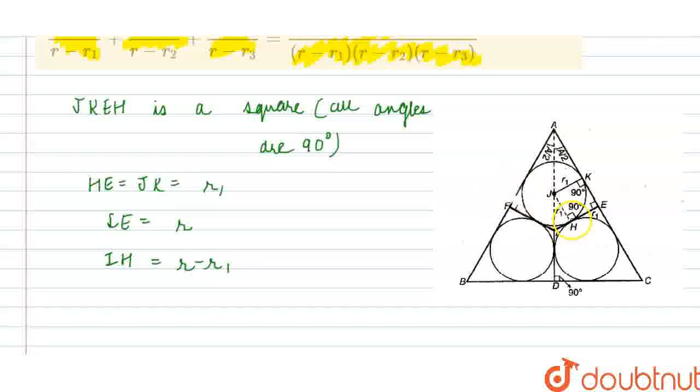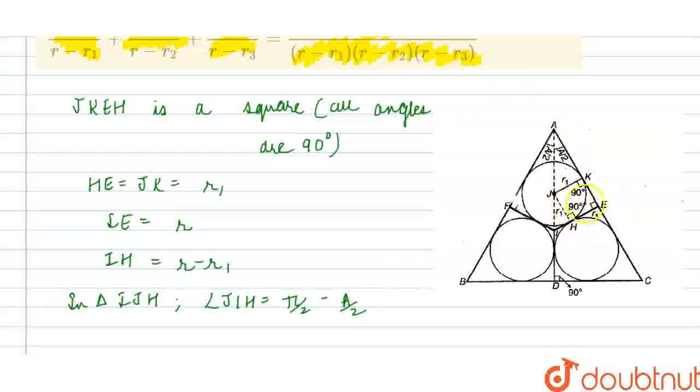So in triangle IJH, angle JHI is 90 degrees, so therefore angle JIH would be equal to pi by 2 minus A upon 2, correct?